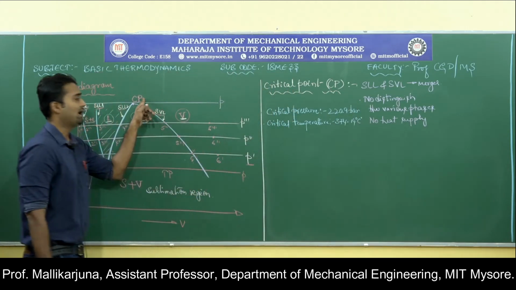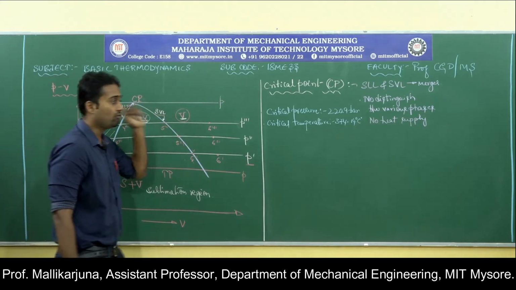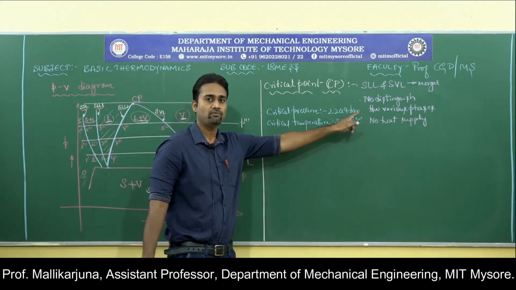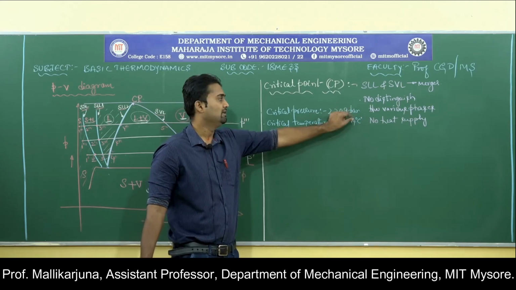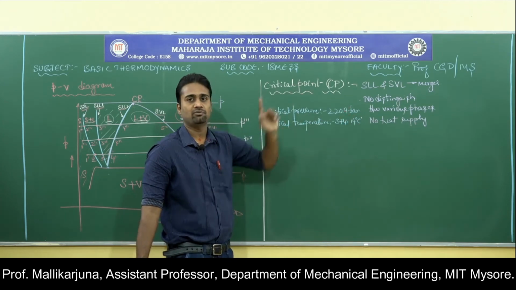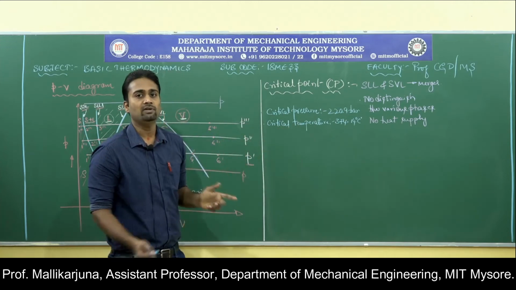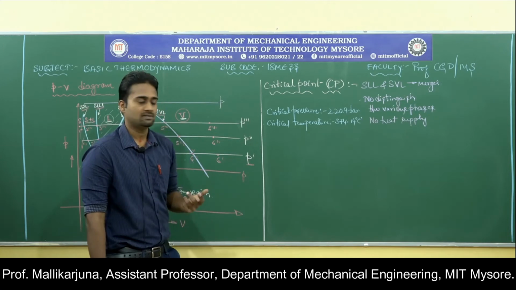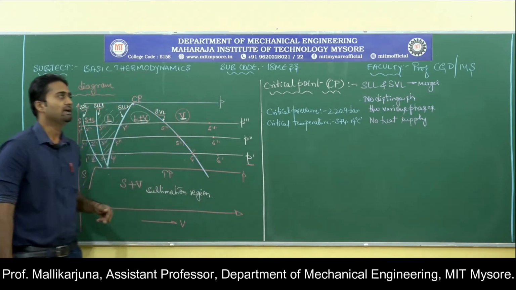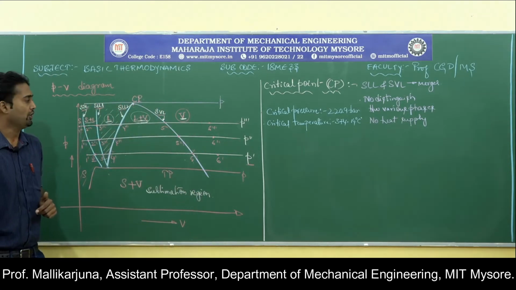What are the values of pressure and temperature at this point? For water, it is 220.9 bar and 374.14 degree Celsius. These are the critical pressure and temperature for water, at which there is no distinction between the various phases of the substance. So, that is what is related to the critical point.